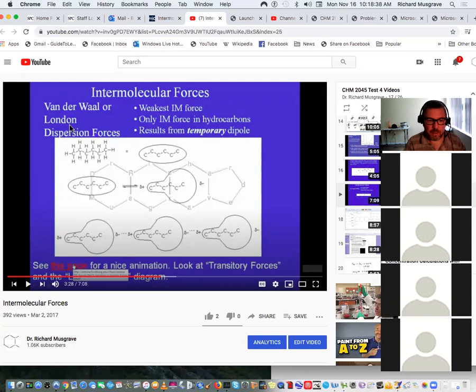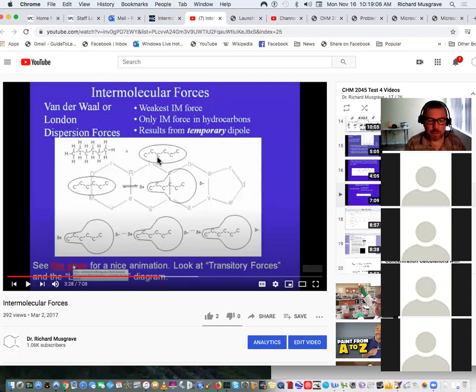So this is van der Waals, or also called London dispersion forces. Now, what I want you to imagine is that if we're dealing with just alkanes, and that's all we're looking at here, you imagine that there's an electron cloud that results from the electrons in the CH bonds all around the CC chain here. And what can happen is that this electron cloud here can become distorted one way or the other.